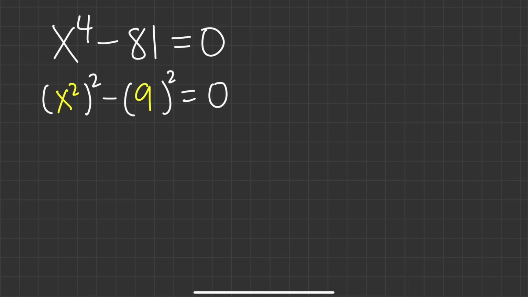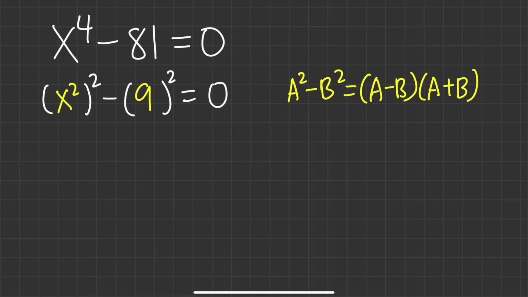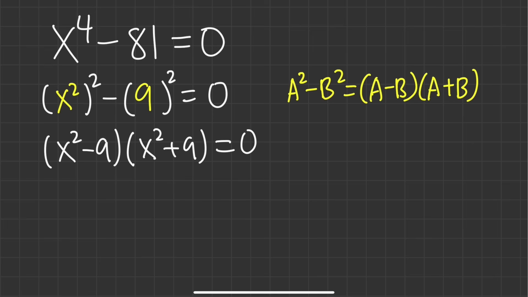Okay, now, with that being said, we have a difference of two squares, and we can use the formula a squared minus b squared equals a minus b times a plus b. And that's how you factor a difference of two squares. So, applying that formula, we will get x squared minus 9 times x squared plus 9, and that's still equal to 0.